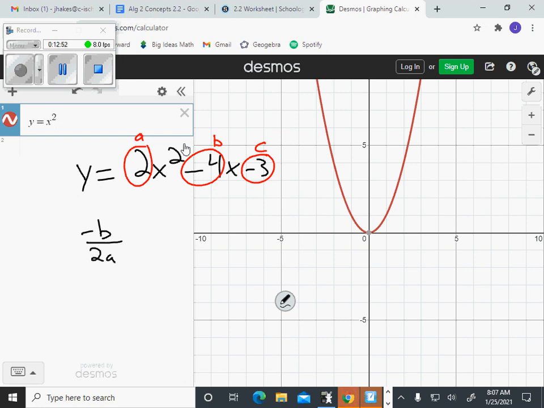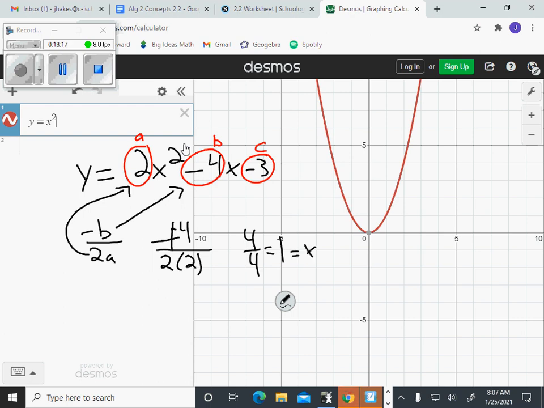My B is negative 4, so I have negative negative 4 over 2 times A, which is 2 times 2. We should get a positive 4, so 4 over 4, which equals 1. So x equals 1.